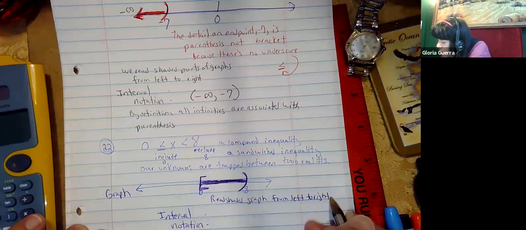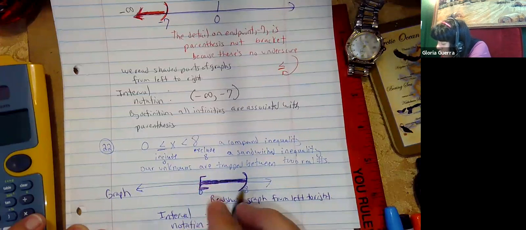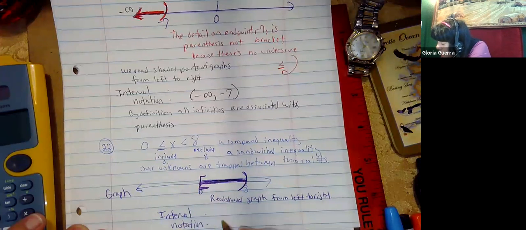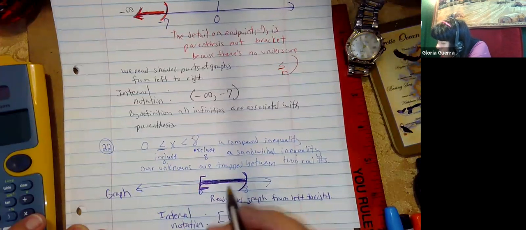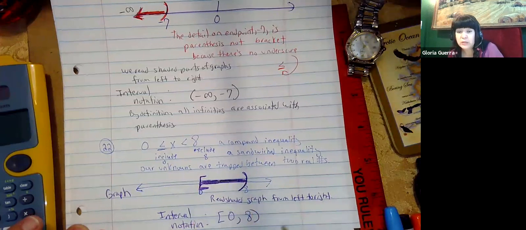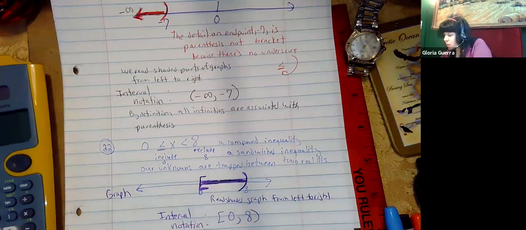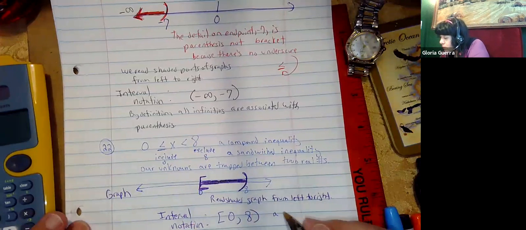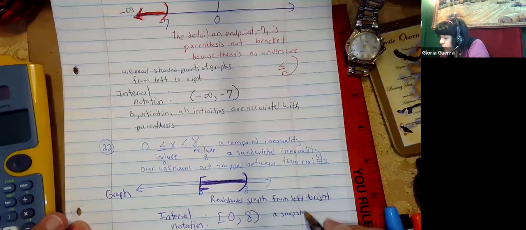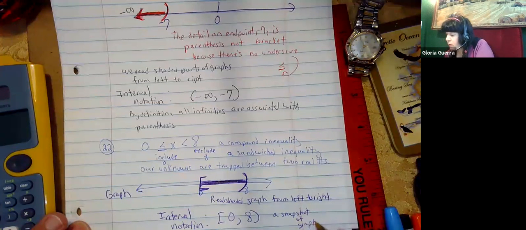And so you begin here with this bracket on 0, comma, and then you go all the way out to the 8, and then parentheses on the 8. So that's your interval notation. It's a snapshot of your graph. Okay?